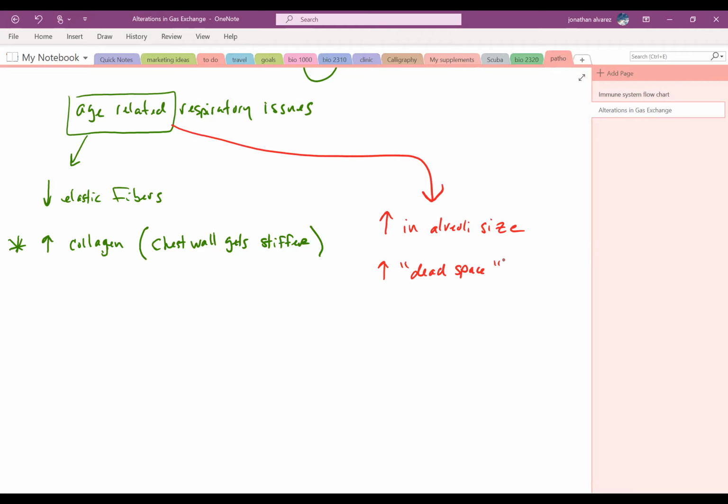So meaning relative to how much gas is inside of, all right, let me draw this out. So let's say this is normal. Okay, there's the alveoli, and then there's oxygen inside. All right, so there's really not a lot of dead space in there. But theirs is like this. Okay, lots of dead space. So it's a lot more work for the oxygen or gas exchange to take place.